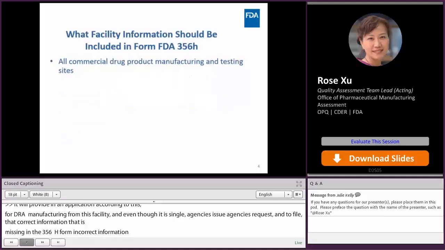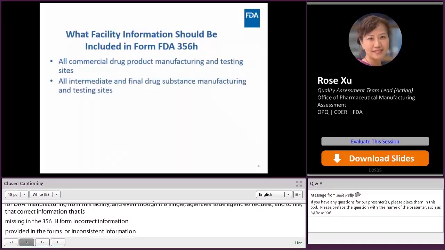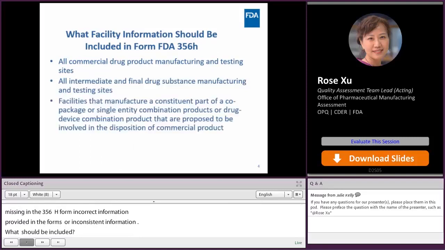So what facility information should be included in form FDA 356h? The first one is all commercial drug product manufacturing and testing sites. Second is all intermediate and final drug substance manufacturing and testing sites.